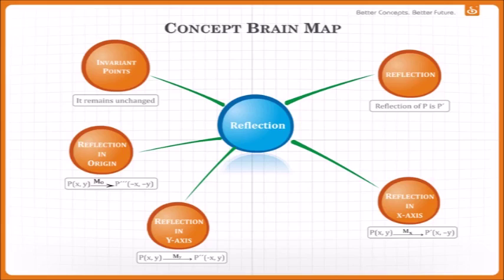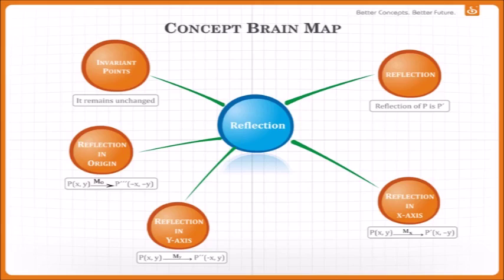If you have a point P with coordinates as x, y and we reflect that in the x-axis, we get a point P dash with coordinates as x, minus y. Reflection in the y-axis, P x, y when reflected in the y-axis will give us P double dash minus x, y.